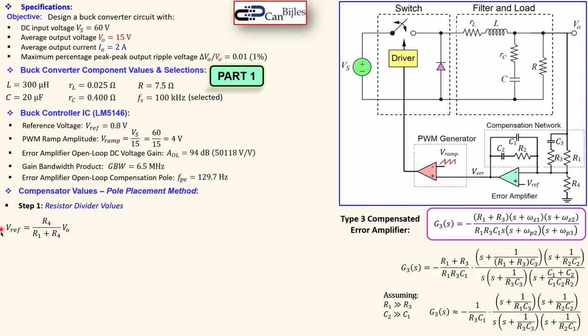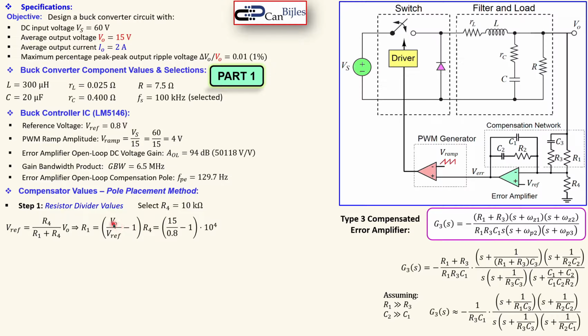That means the following: the reference voltage, which is also this non-inverting part, in order to have that exact same, so we compare that, must be R4 over R1 plus R4 times the output voltage. But we can select a value for R4, for example 10 kilo ohms, then we can rewrite the R1 in this form. That will be then VO over Vref minus 1 quantity times R4.